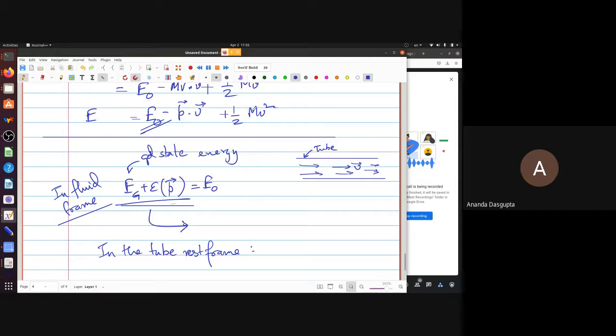Note that this is how energy in two frames are related to each other.